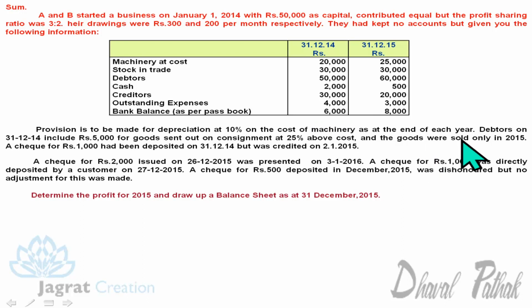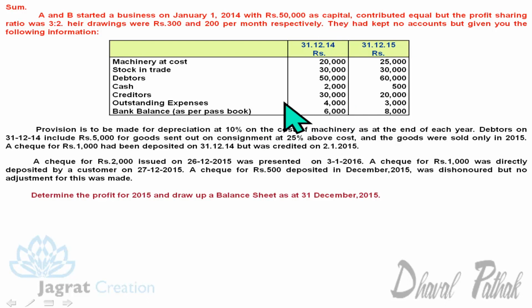Goods were sold, and a check of 1,000 was deposited on 31st December 2014. The check was deposited in the bank, but the bank gave the credit only on 2nd January 2015.